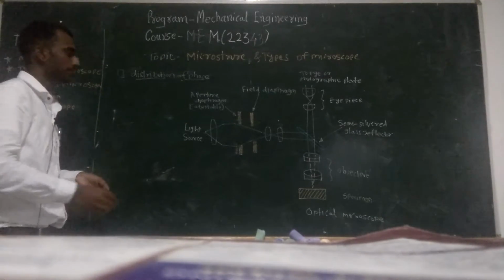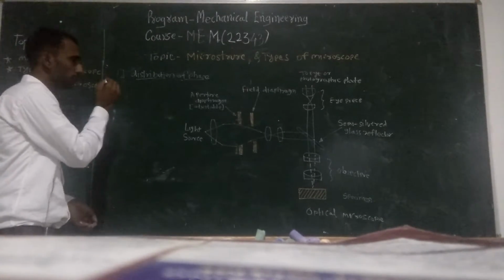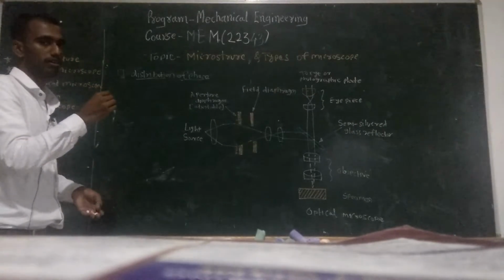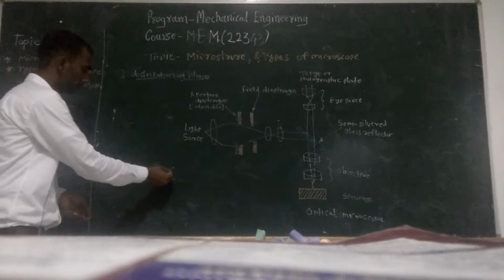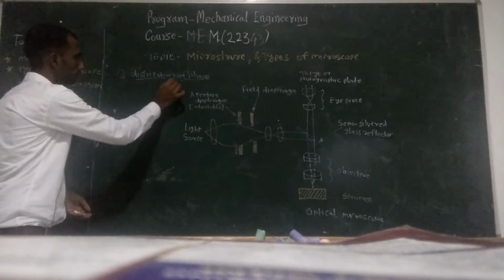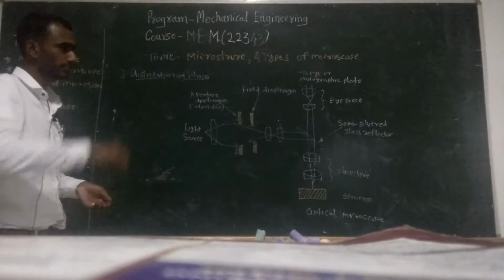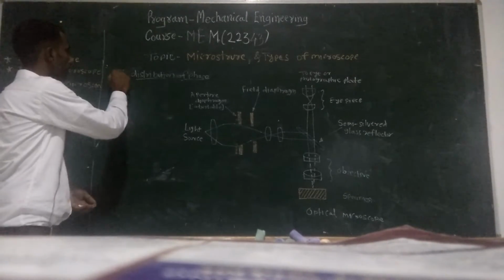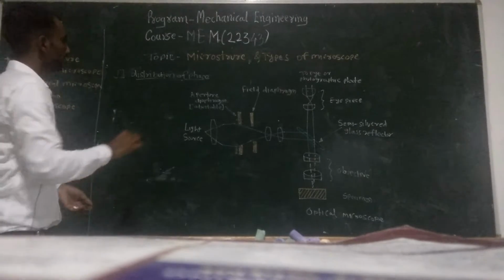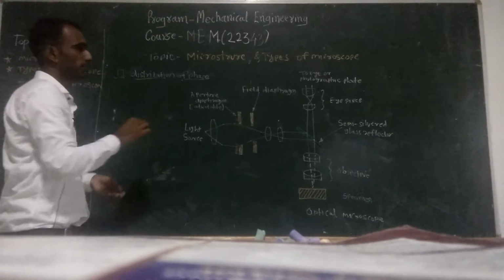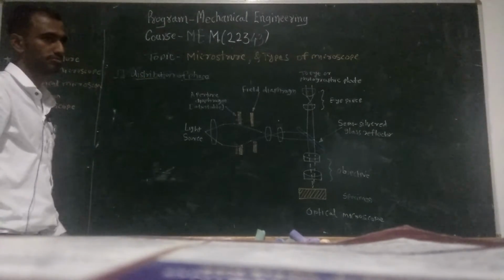Okay, means whenever the temperature changes, ultimately with carbon percentage, the phase will also change. Okay, means this is a very important factor that we have to learn through microstructure.